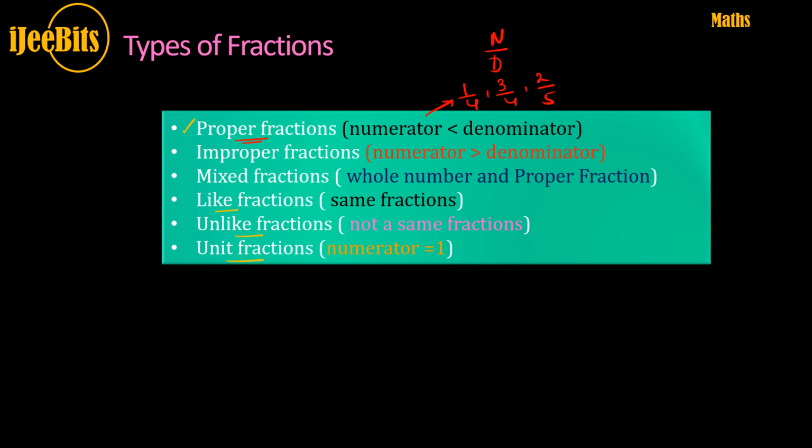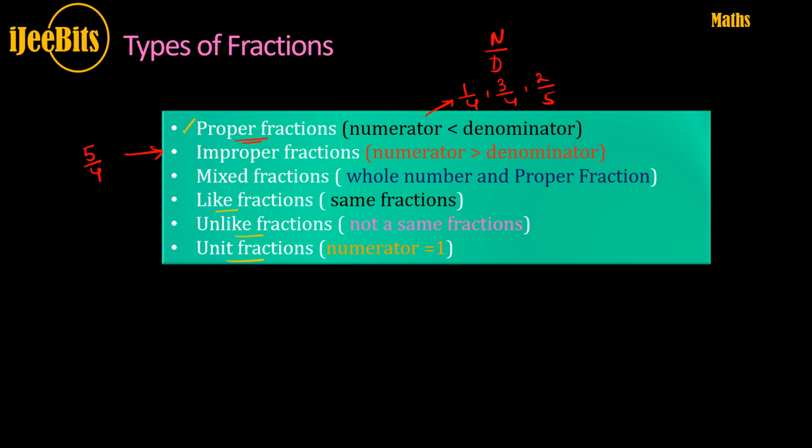An improper fraction is the other way around. Improper means the numerator is higher than the denominator. Let's say 5 by 4. This is not purely a fraction, as there is a whole number inside, because the denominator is a lesser value and the numerator is larger than the denominator. Those are the best examples of an improper fraction.